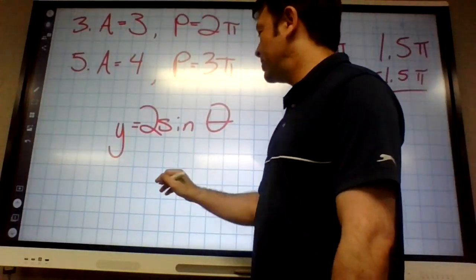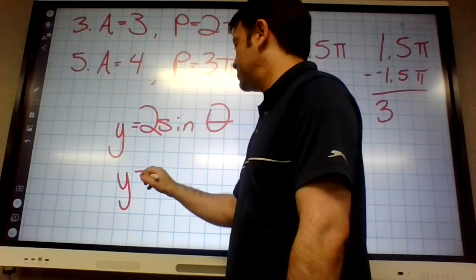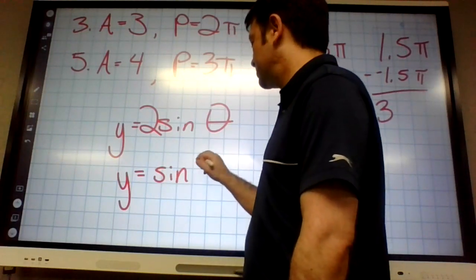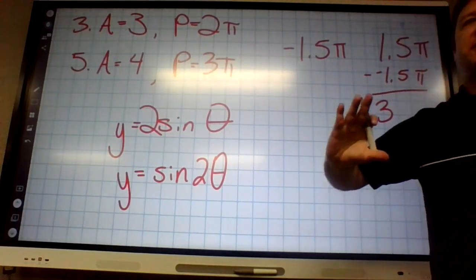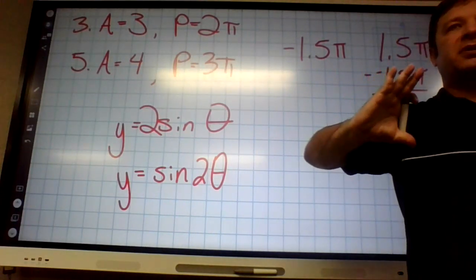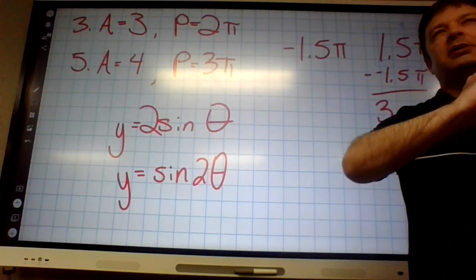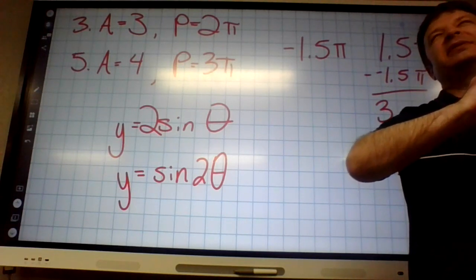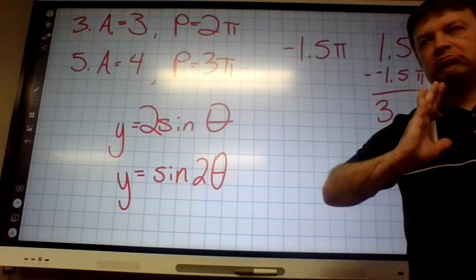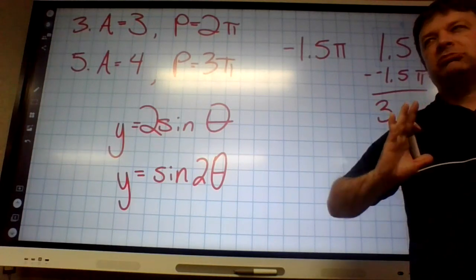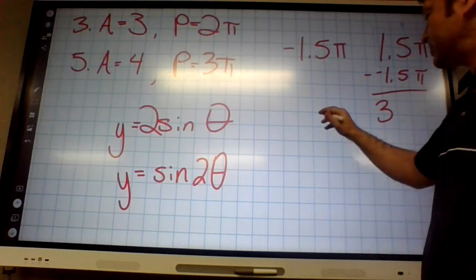Now, what happens if you put a 2 in front of the variable? Okay, actually everything happens twice as fast, so it's called a horizontal, what's the word they use? Compression? It's not a very good technical term, but it's going to squeeze.